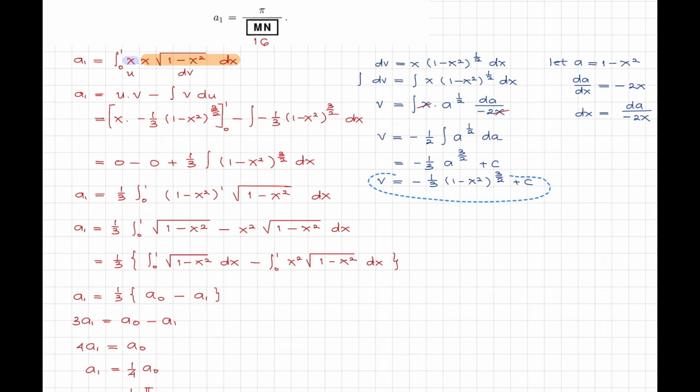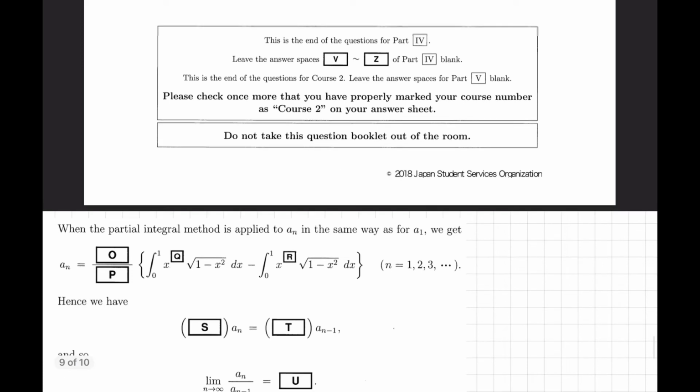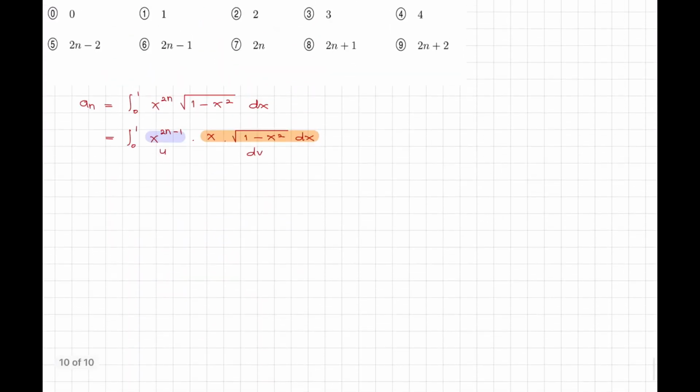Since dv is the same, v is equal to this. I will just copy it. So we already know v. This is our v.